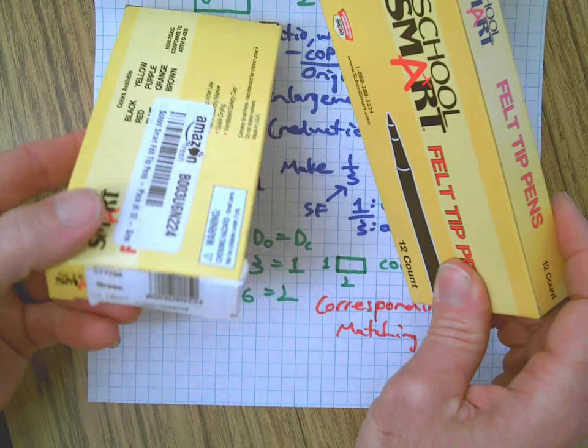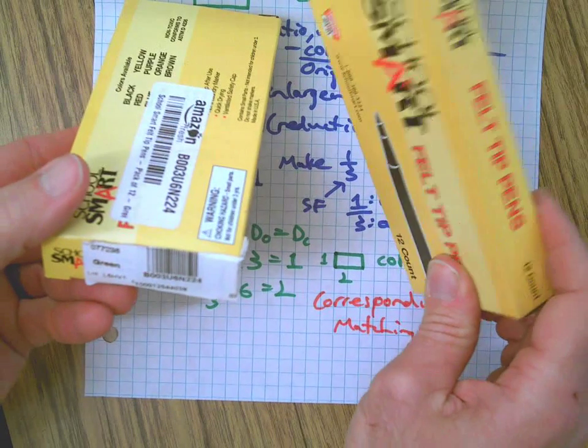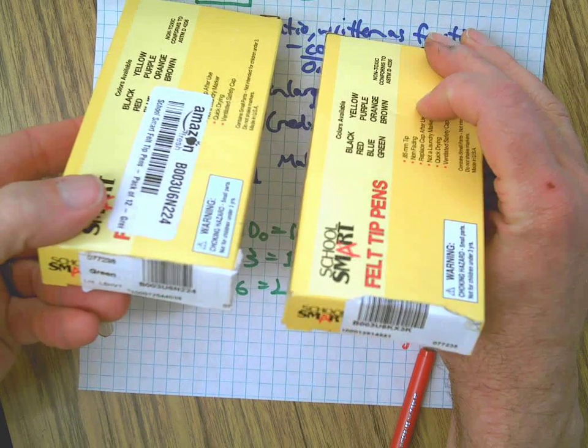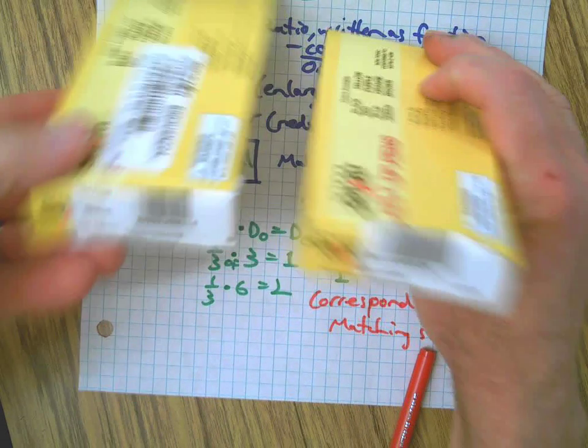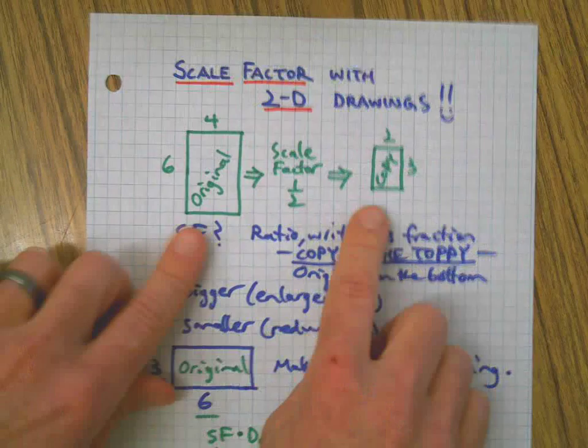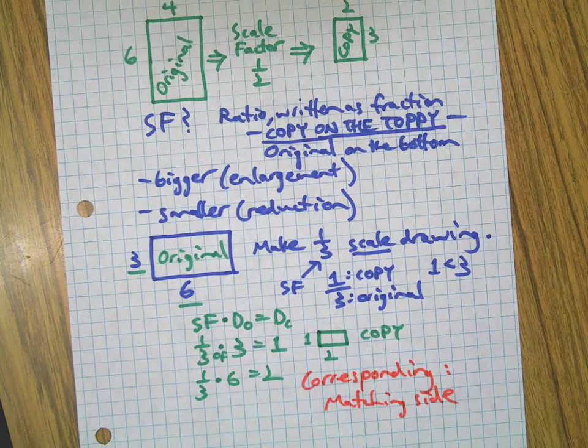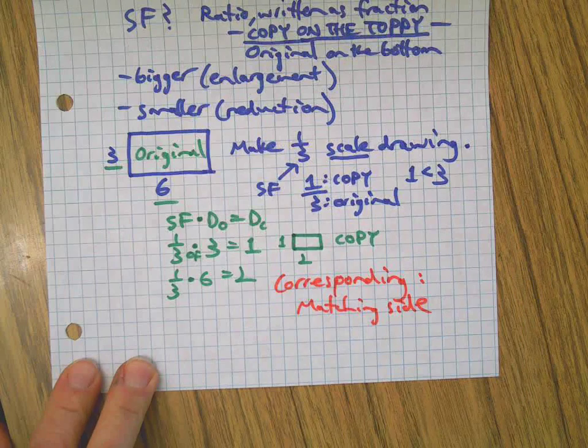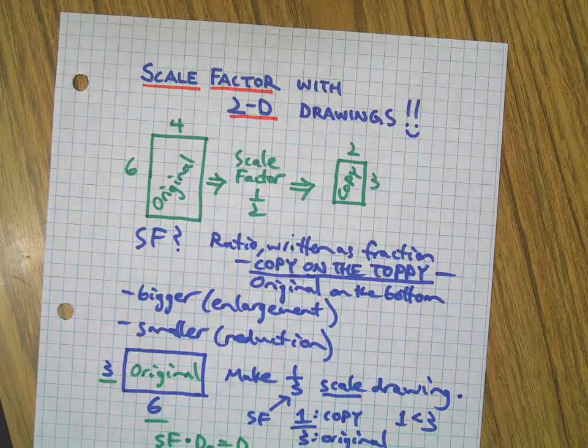But if I say, hey, I want to match this barcode side, I might have to rotate, flip, and there's the matching side. So sometimes matching is easy to see because the shapes are lined up perfectly. Other times you might have to spin them or rotate them or flip them or do some kind of translation.